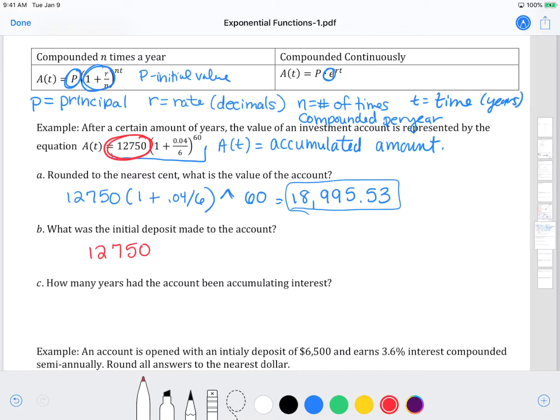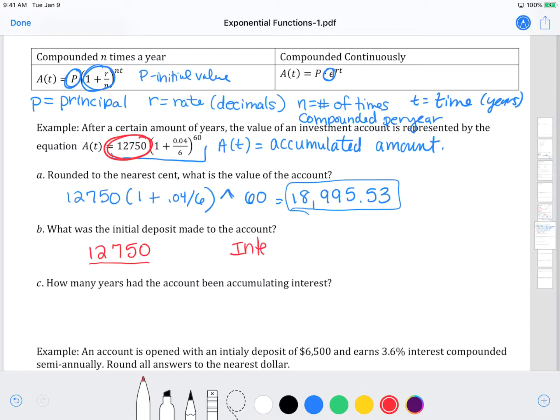Now, if I want to add on a second part to this question, since this is the amount that was initially deposited, and $18,995 is how much I have at the end of this time frame, then if I want to figure out how much interest I have, I would just subtract the two.